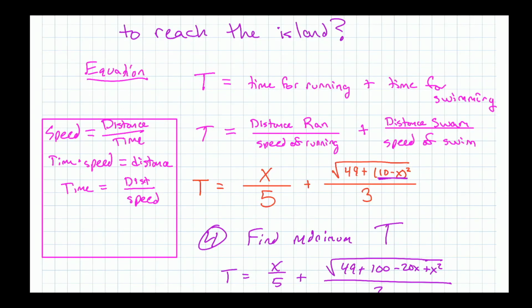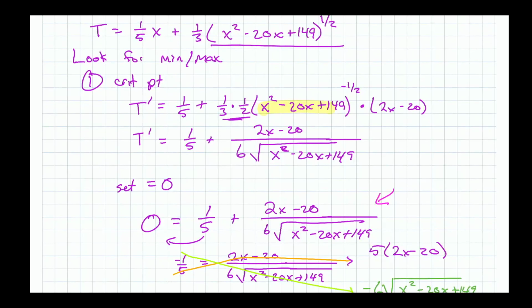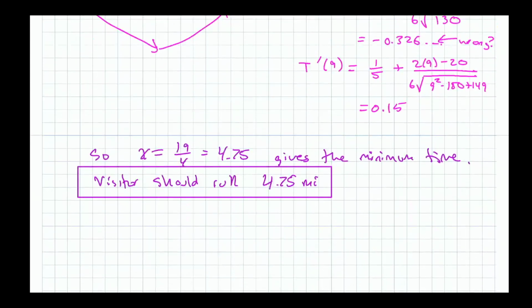You know X, so you could put in 4.75 and calculate the time in hours. But they didn't ask for that. They only asked for the distance that you run, and the distance that you run is X. So we calculated the X and we're done.